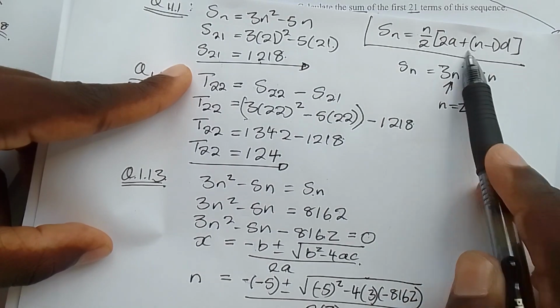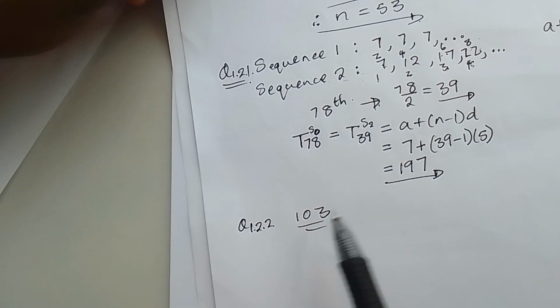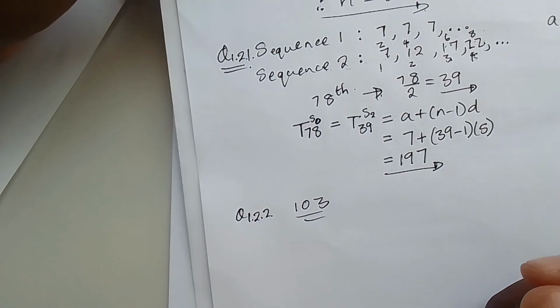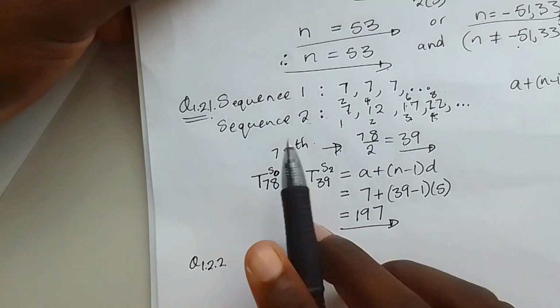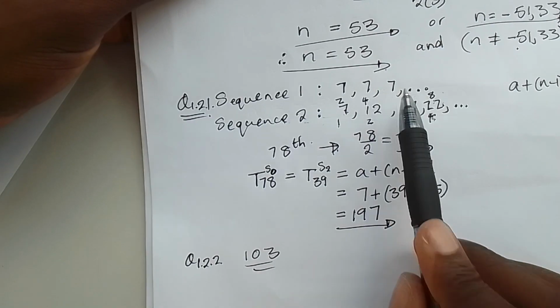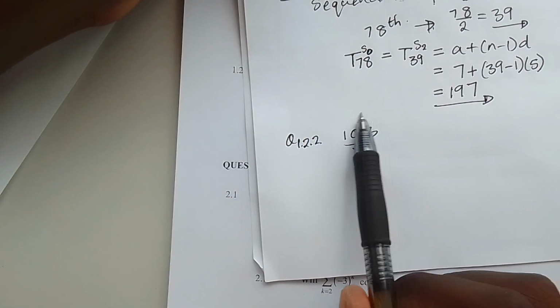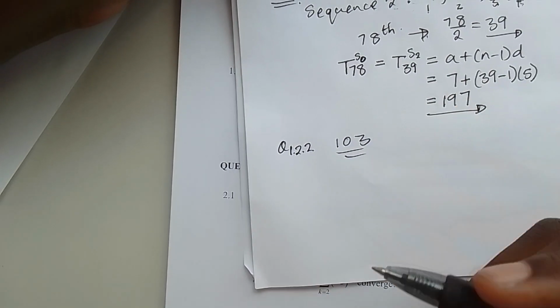We need to use this equation to find the sum. But before we use that, we need to find out how many terms of the second sequence and how many terms of the first sequence we need to add, because we need only 103 and they are divided between the two sequences.